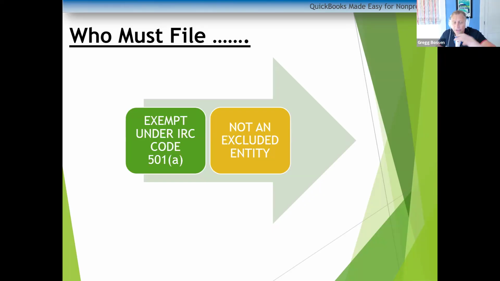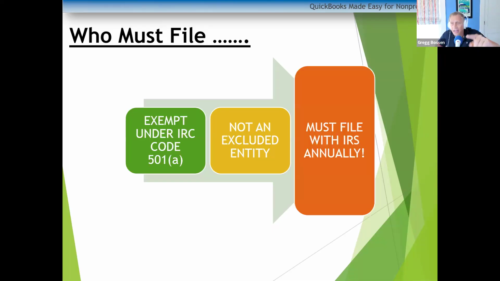So if you are under IRC code 501(a), you're tax exempt, and you're not an excluded entity, then you've got to file with the Internal Revenue Service. What's an example of an excluded entity? Somebody that is tax exempt, but doesn't have to file a 990. What's the most common one? A church. But we'll get into that a little bit more in a second.